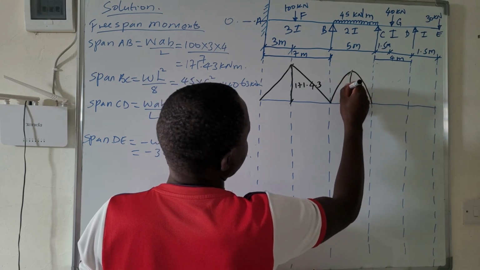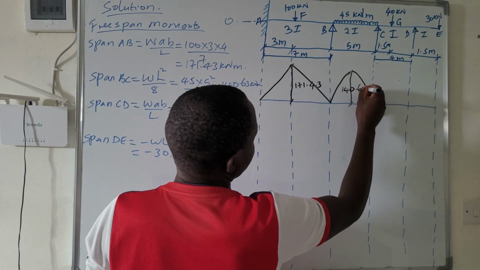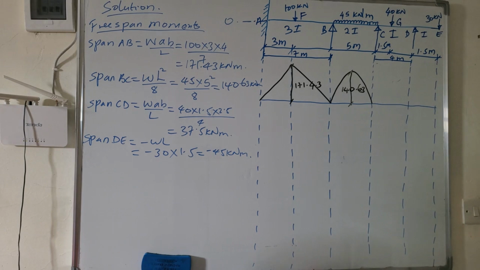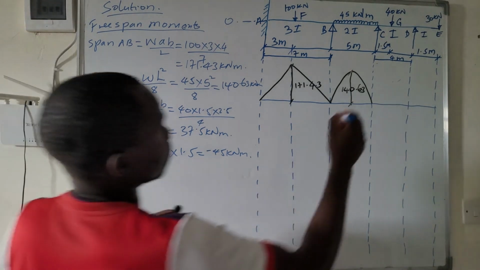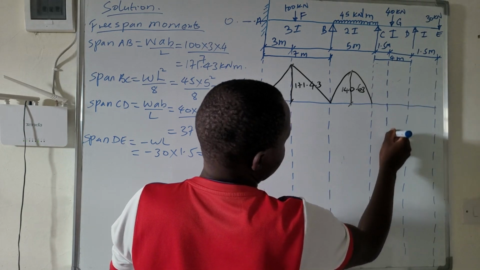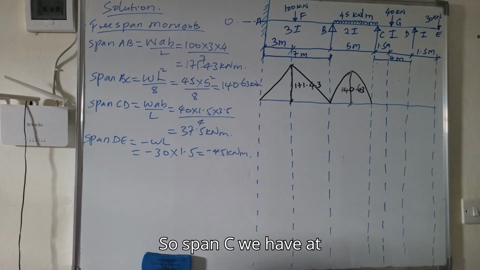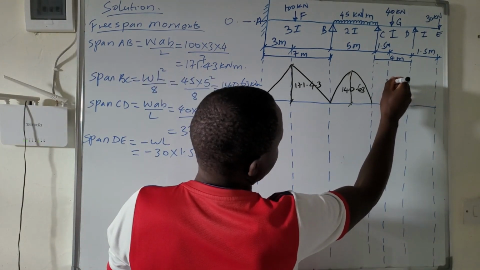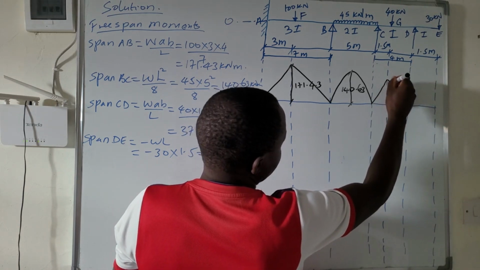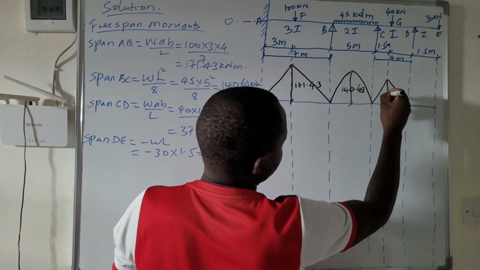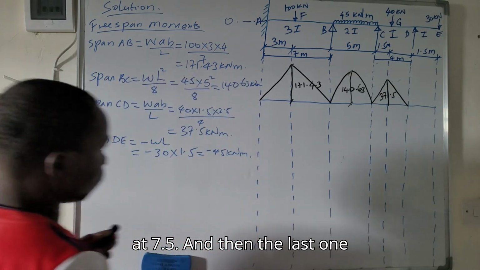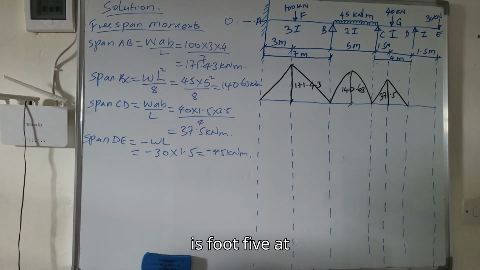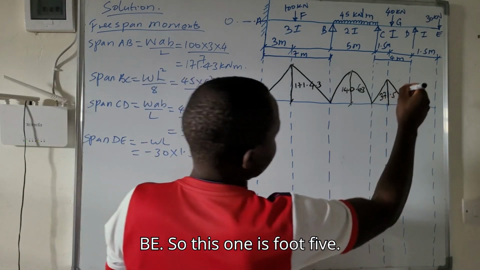And then we have span CD, where we have 37.5; again, we approximate it. And then the last one is 45 at DE.